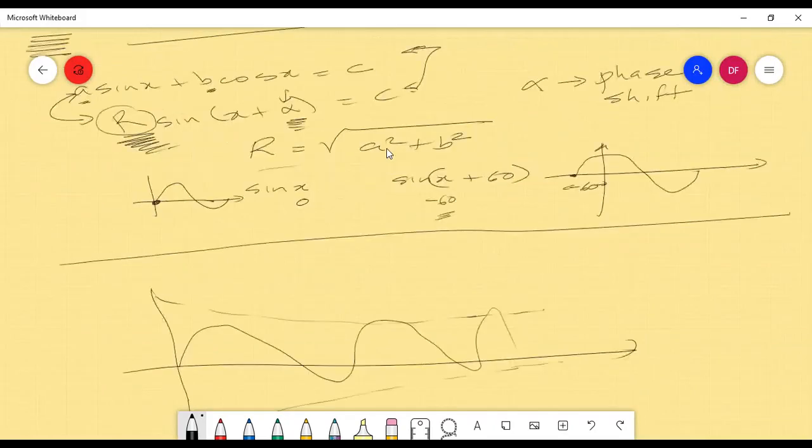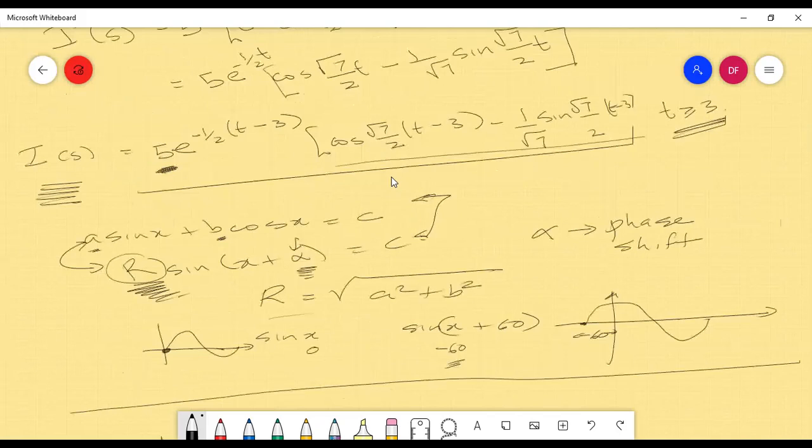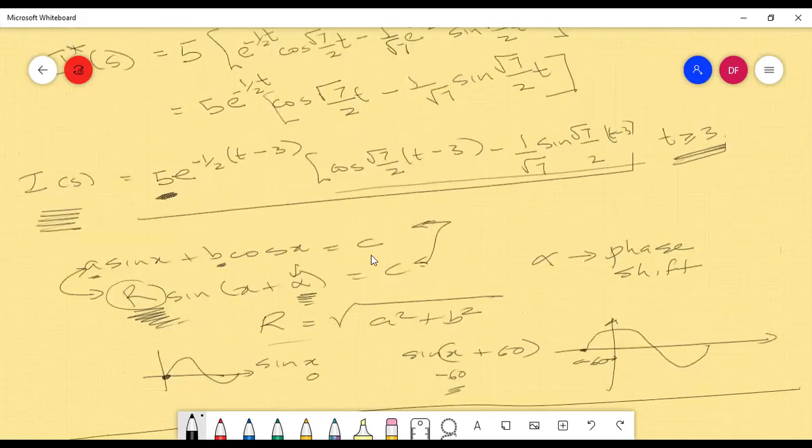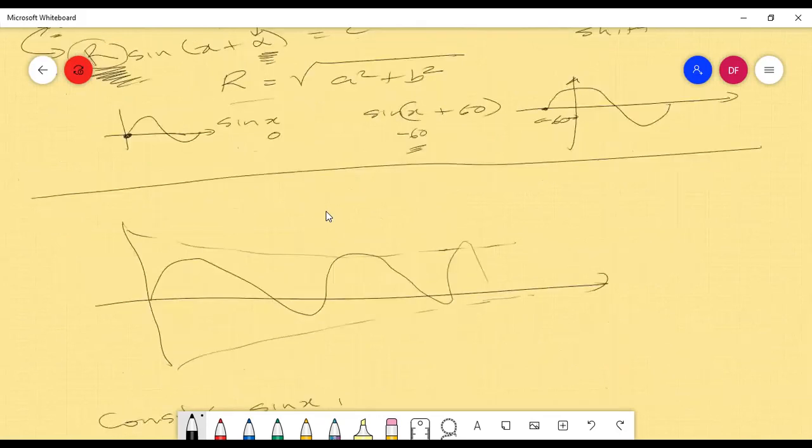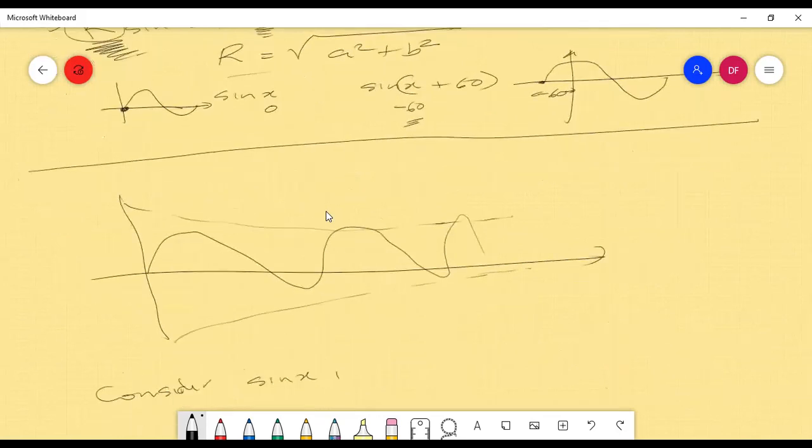So the t minus 3, I'm going to consider root 7 over 2 t minus 3, that's x. Minus 1 over root 7 cosine x.